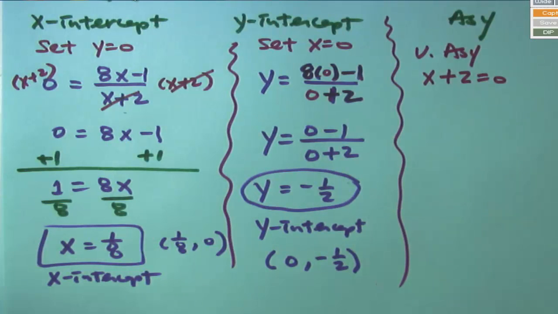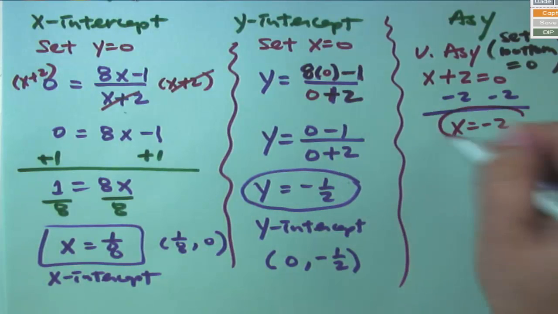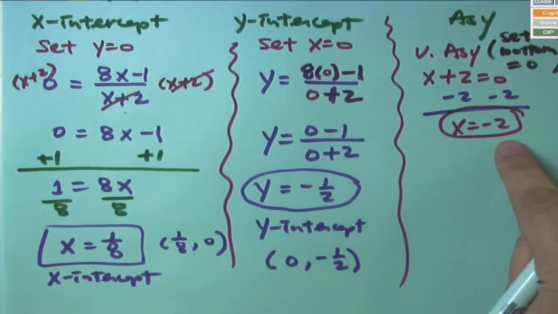You set the bottom part equal to 0, and to solve x plus 2 equal to 0, you subtract 2 from both sides, so x equals negative 2. And don't forget, a vertical asymptote is a vertical line, so it needs to be x equal to a number. When you have only one vertical asymptote, it tells you how many pieces of graph, right? It means you're going to have 2 pieces of graph.